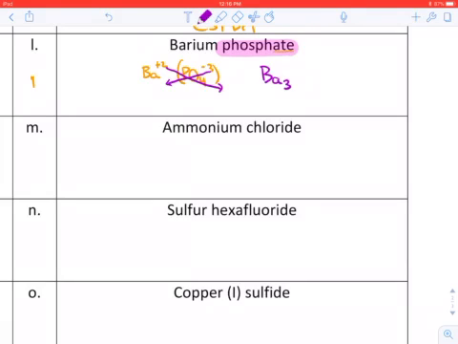That came from that 3 there. And then we've got parentheses PO4, parentheses 2. The reason we put the parentheses in is because we don't want it to look like we have 42 O's, because that would be incorrect. All right, so our ending formula should be Ba3(PO4)2. All right, let's move on to the next one.